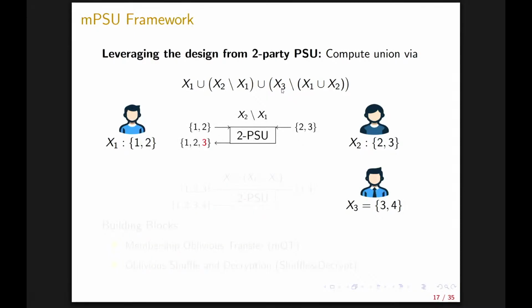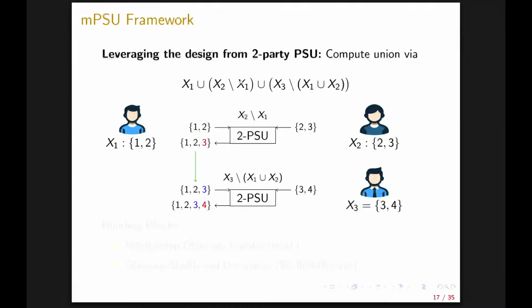So going back to a similar slide as before, now I use 2-party PSU between P1 and P2. I get number 3. And to follow these equations, I have to use the same result that I get here, move it to here, right? And now I get only number 4.